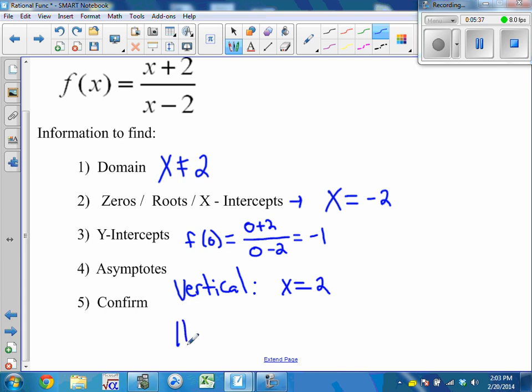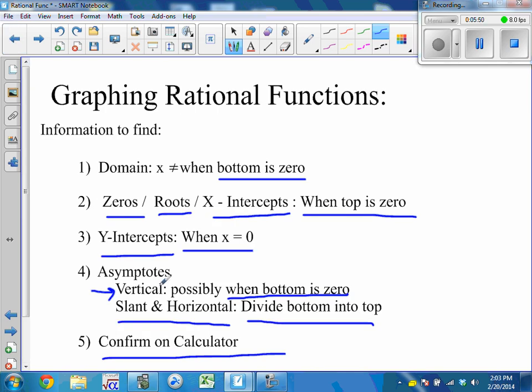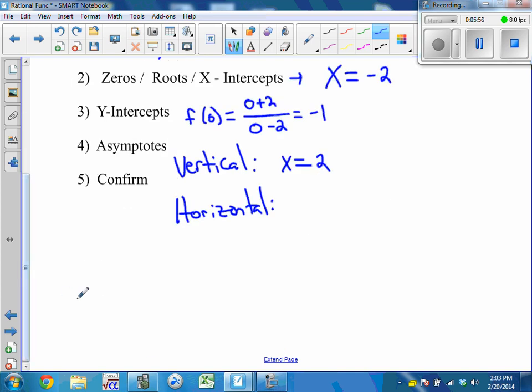Our horizontal asymptote is a little bit harder to find. To do this, if we look at our function, x plus 2 over x minus 2, we're going to divide the bottom into the top. So we have to remember x minus 2 into x plus 2. We have to remember how to do long division from algebra 2.